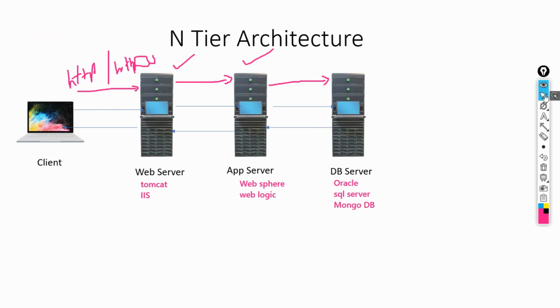If they think that one application server instance is not enough, then they can add one more application server instance like this, and then the data will be forwarded to that application server as well. There is something called a load balancer, which will take care of redirecting the requests to both the application servers, or if there are three, four, or five, it doesn't matter.